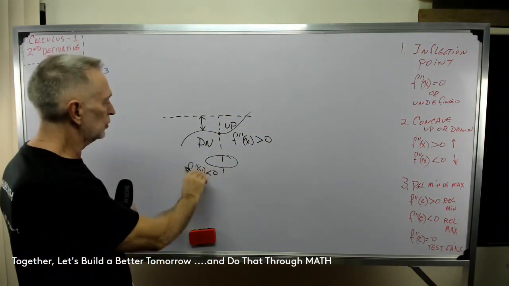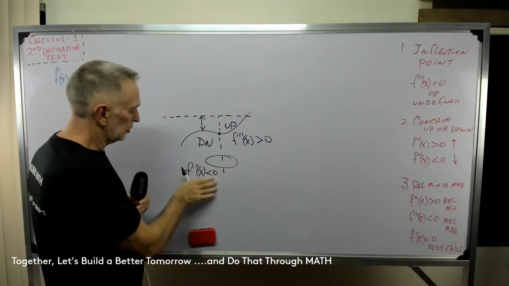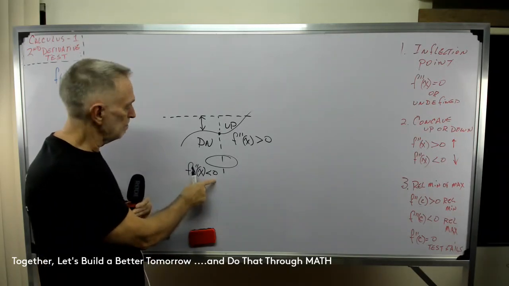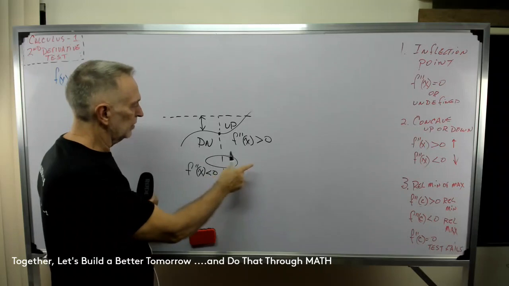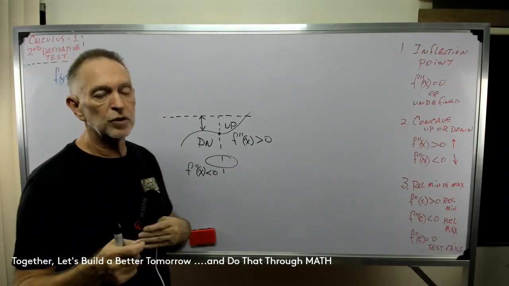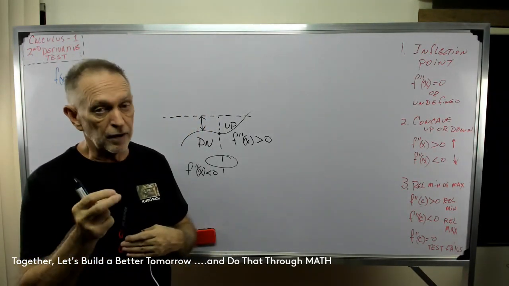So I'm looking just to the left and right of that, and I should see it change signs. In this case, the sign of f double prime would be negative here, positive here.